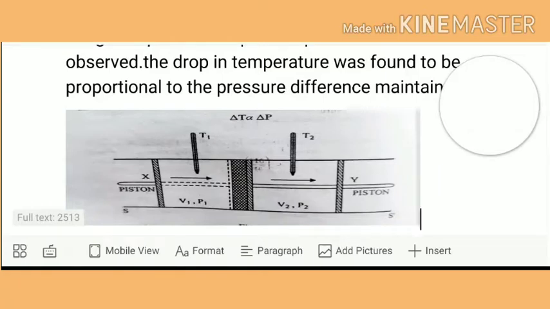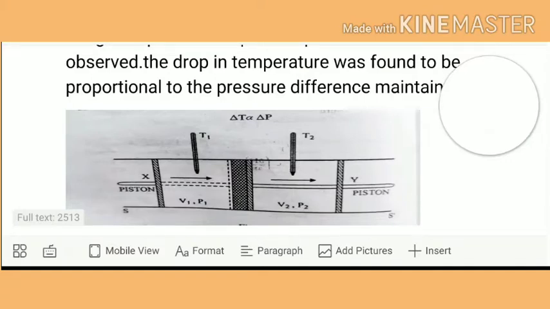On the left-hand side, the pressure of the gas is P1, volume is V1, and temperature is T1, while the gas on the right-hand side has pressure P2, volume V2, and temperature T2.